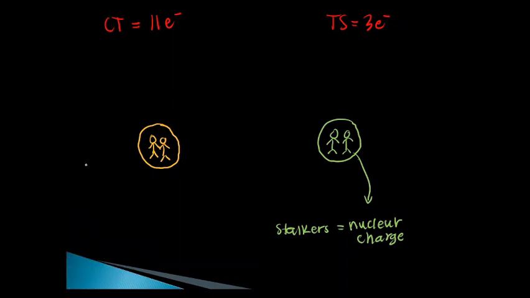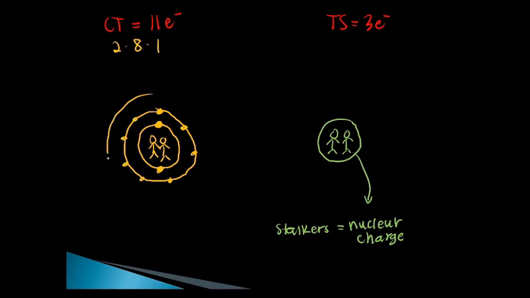So now let's fill in the shells for Siti and Taylor. For Siti, I'm going to start with 2, 8, 1. So the first shell should be filled with 2 electrons, followed by 8 electrons. And lastly, the outermost electron would be Siti Nurhaliza herself.